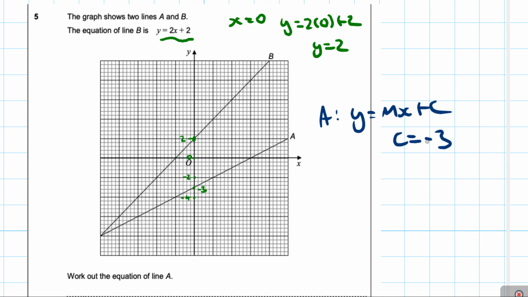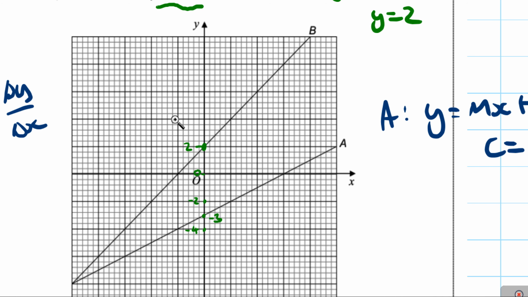The next step then is to calculate the gradient. The gradient, remember, is equal to change in y over change in x. So we also need to find what our scale is on the x-axis. We know that the gradient of the B line, m, is equal to 2. So we can make a little triangle here.